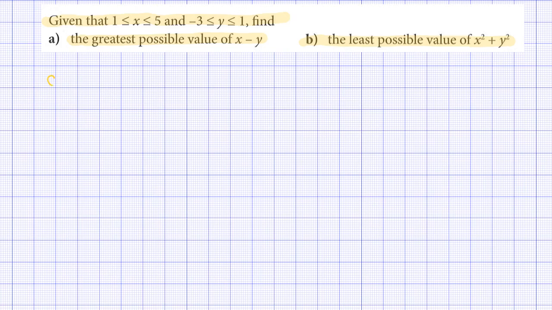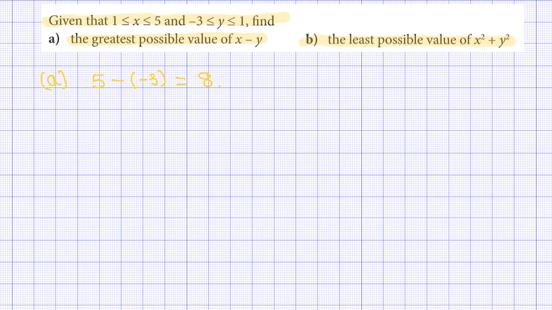In A, we want the biggest x value, which is 5, subtract the most negative y value, which is -3, which will give us 8.